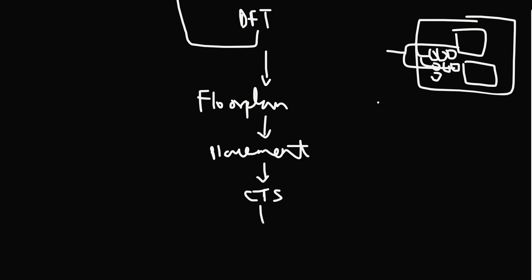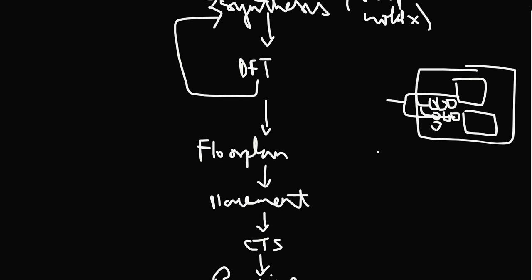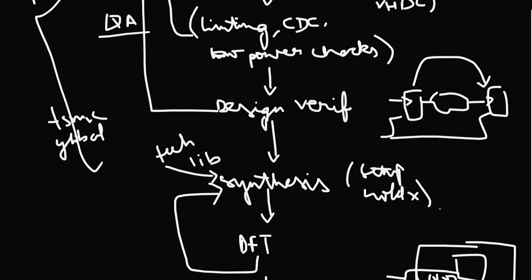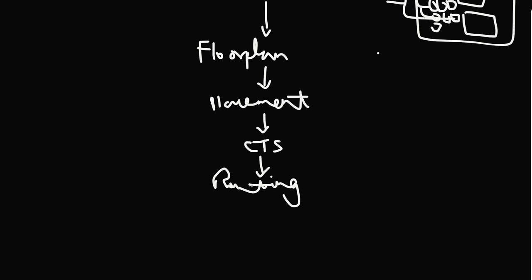And we have routing. Routing is the stage where we actually have the wires for all the data paths. Whatever we saw earlier, these wires are not there initially. Wire delay is not there, but in routing all these routing delays come into the picture.